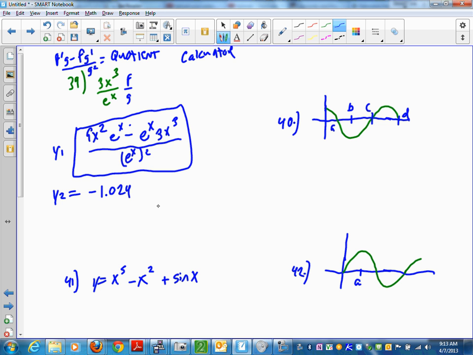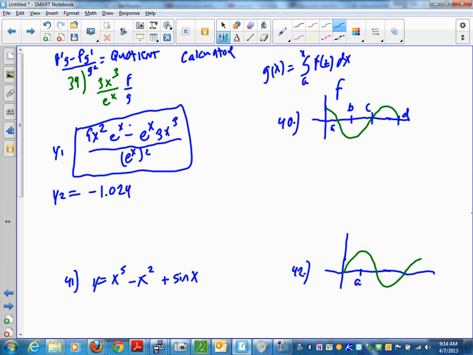Number 40, they want to know, the graph is shown above. If this is g of x, this is the graph of f, right? And g of x is defined by the integral from a to x of f of t dt.